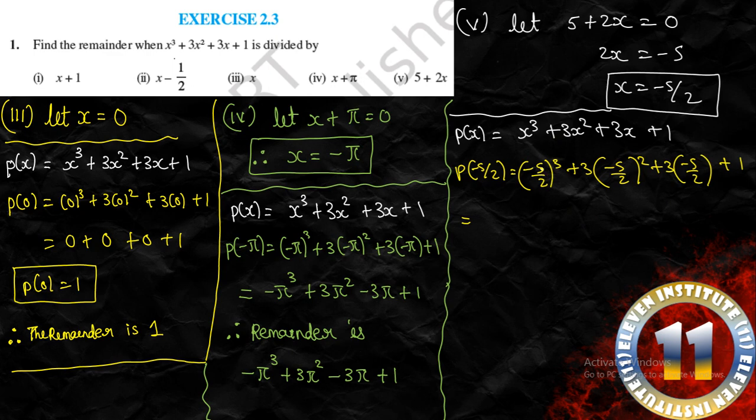Minus 5 cube, minus 125. What is 2 cube? 2 cube is 8. This 3 will remain as it is. Minus 5 square is 25 and 2 square is 4. So here we have 25 upon 4. Now plus minus, minus 3 5s are 15, so here we have 15 upon 2, and then we have plus 1, right?